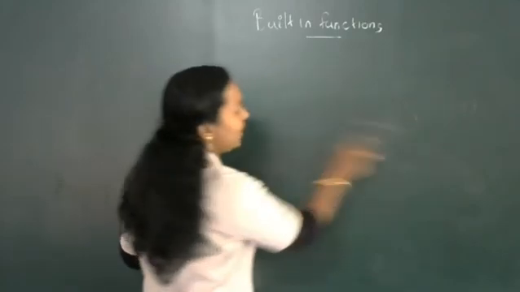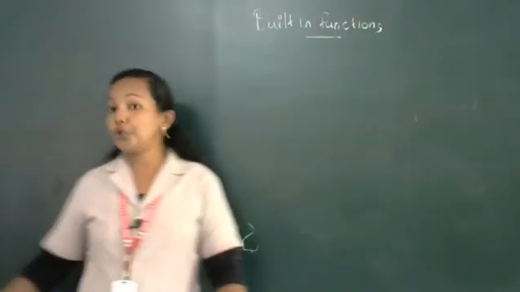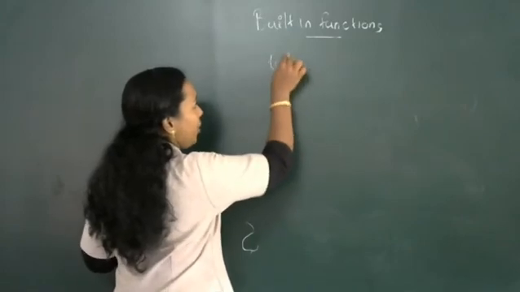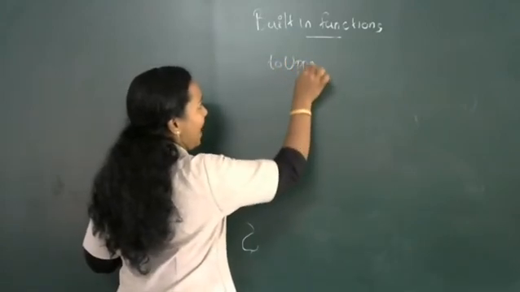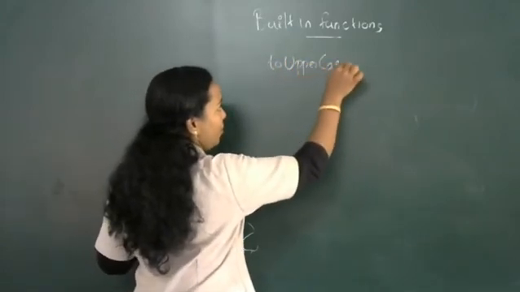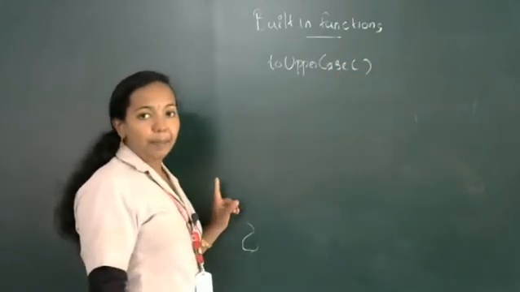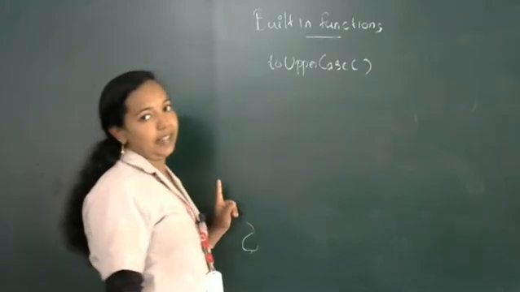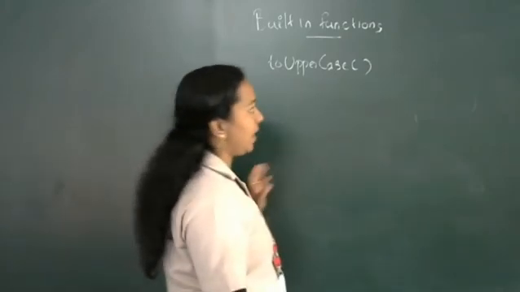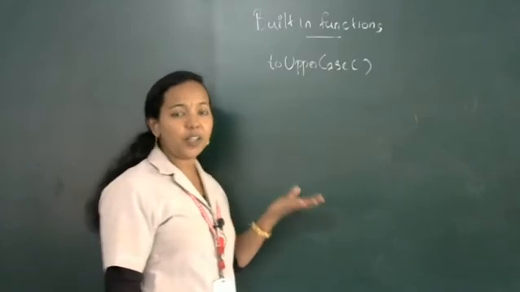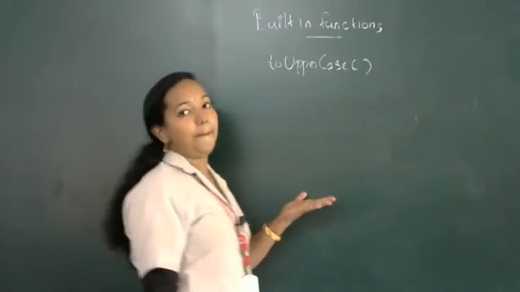Then the third one is toUpperCase, with U capital and C capital. Then I am going to write one example. The name indicates for what purpose we are using this: to convert the entered text into uppercase.